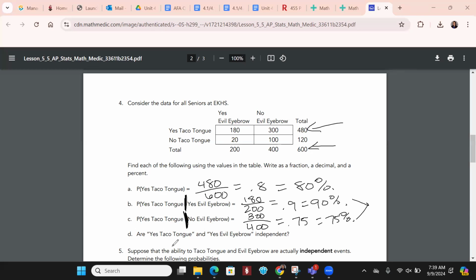Okay, so are they independent or are they dependent on one another? Dependent, right? So again, they're dependent on one another. If I can evil eyebrow, I'm probably more likely to be able to taco tongue. Okay. So we're going to talk about actually how to prove that in just a second.